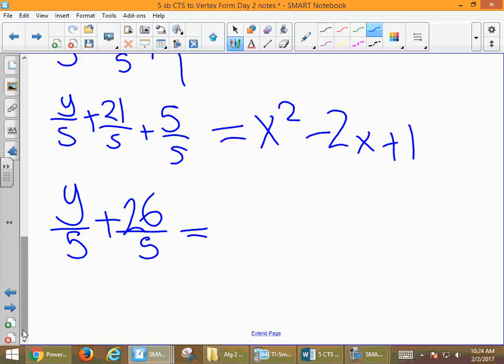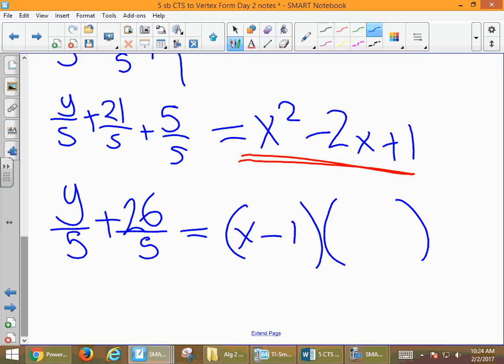And this is equal to our right side. And if we look, our right side is another perfect square trinomial. So our perfect square trinomial is what we can factor into the two same factors. So what do you think these factors are going to be? Negative 1. So we have x minus 1 and x minus 1.